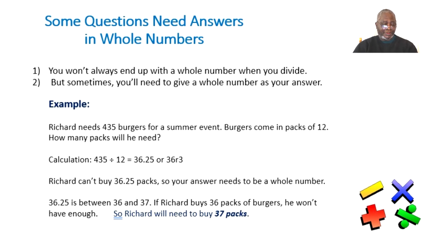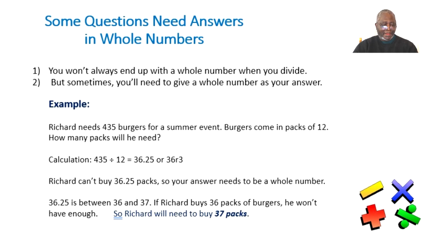So, what is the calculation? You'll have to divide 435 by 12, which is equal to 36.25 if you're using a calculator, or 36 remainder 3. If you do the sum, you'll get your answer. But Richard has a problem.